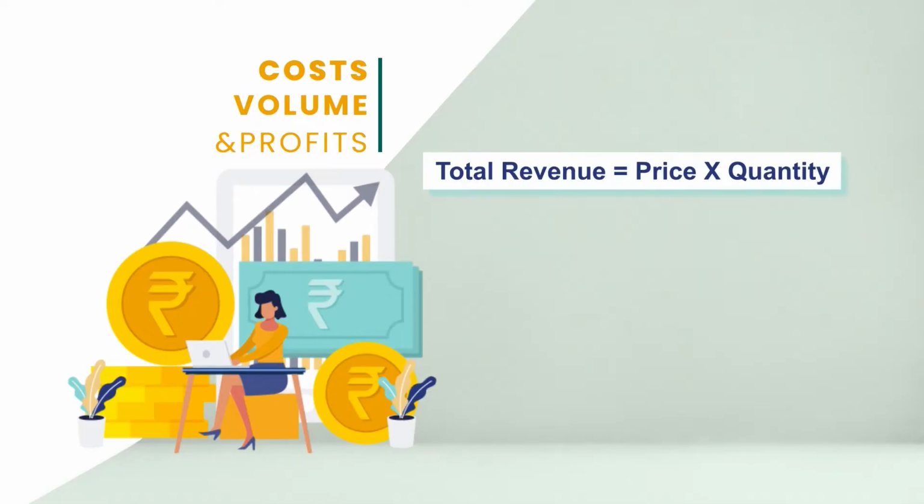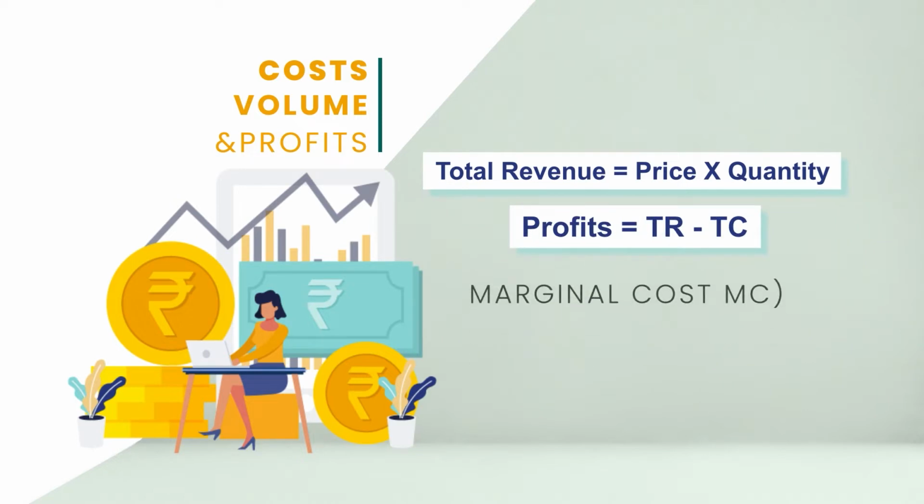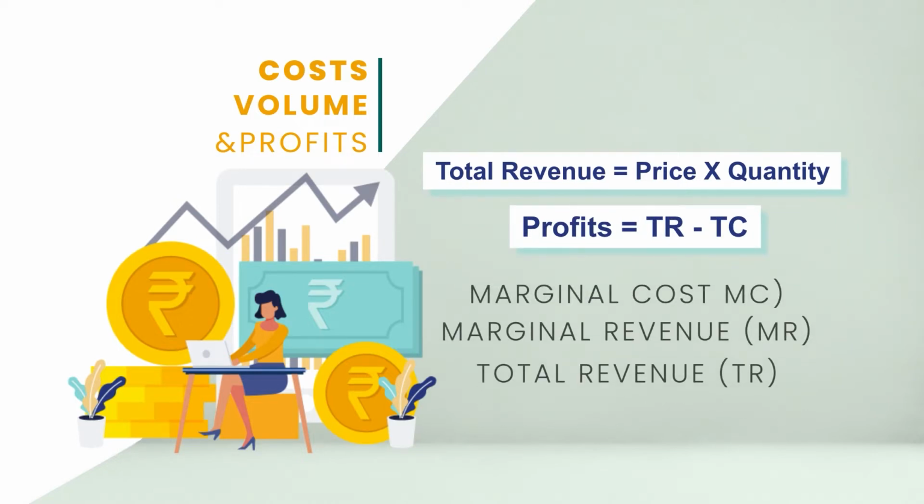In this theory, there is a marginal incremental principle that applies. With every unit of production, you have to incur a cost, and that's the marginal cost. With every additional incremental unit of sales, you get a marginal revenue.